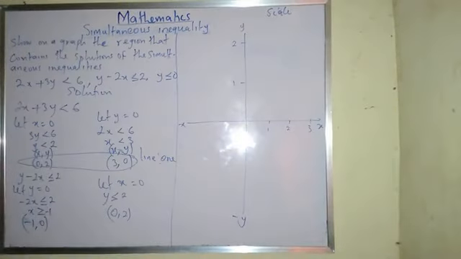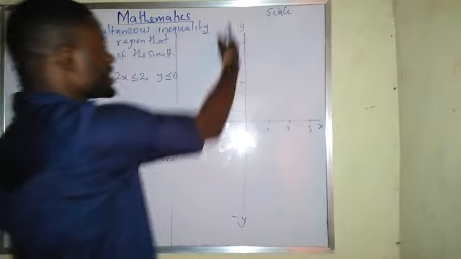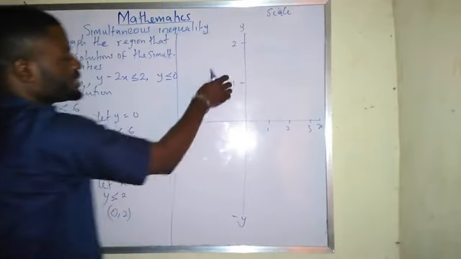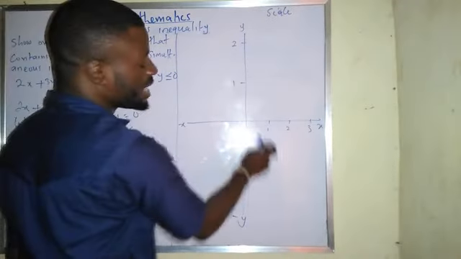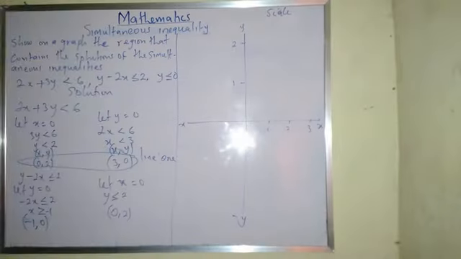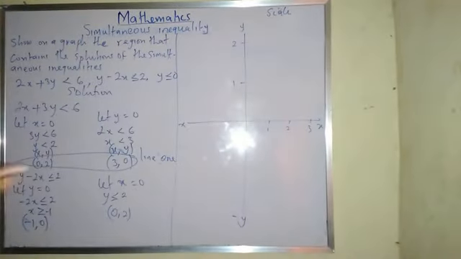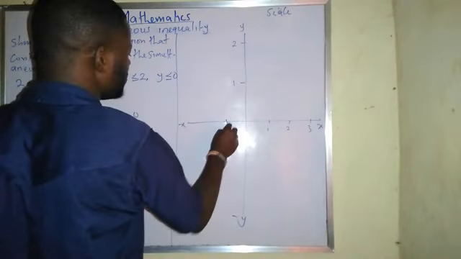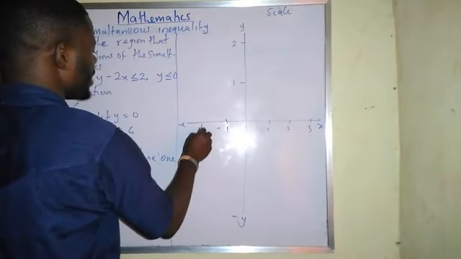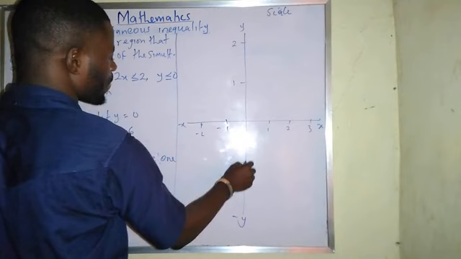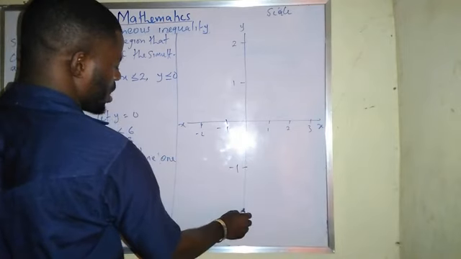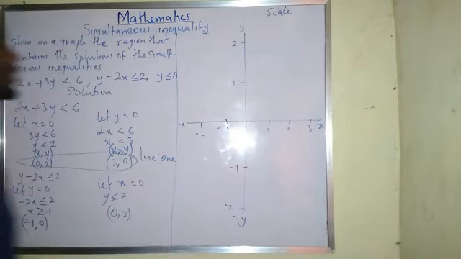It means I'm just using a very good, large scale. This here can be 2 centimeters represent 1 unit. Y here is 1 centimeter represent 1 unit. It depends on what I have on my graph book; that is not a problem. I have minus 1, I have minus 2, and this one will be minus 1 and minus 2, and so on and so forth.